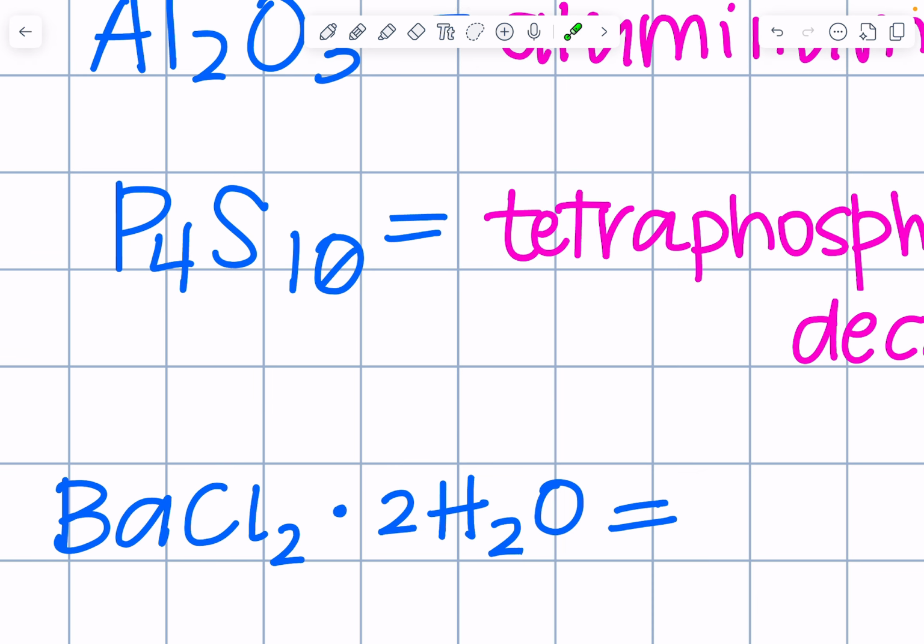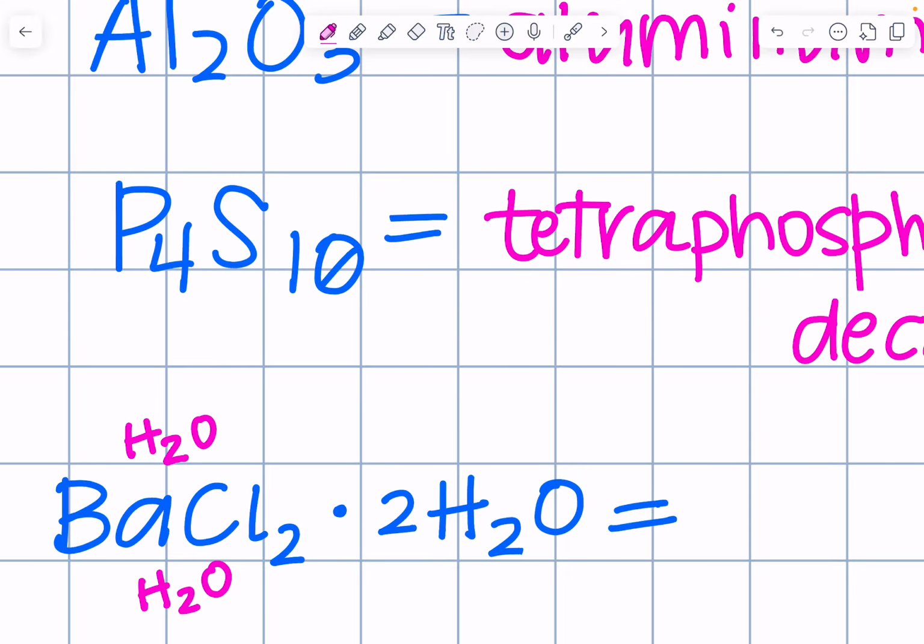This means that we are never going to see this barium chloride without two water molecules attached. That's what that means. So if you're calculating your molar mass, do so with the two waters added to it.